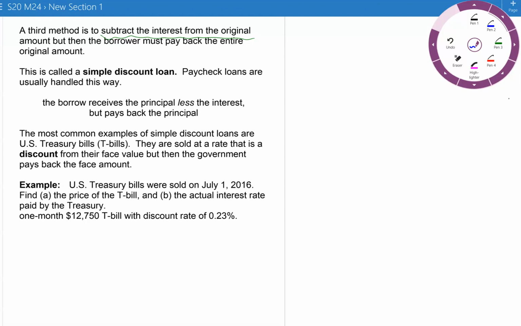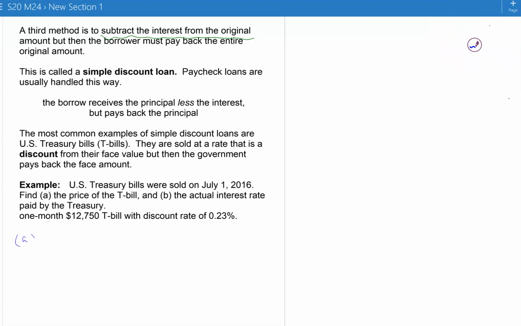So a really common example of this is U.S. Treasury bills. So they're sold at a rate that's a discount from their face value, but then the government pays back the face amount. So let's look at a T-bill where it's a $12,750 T-bill.